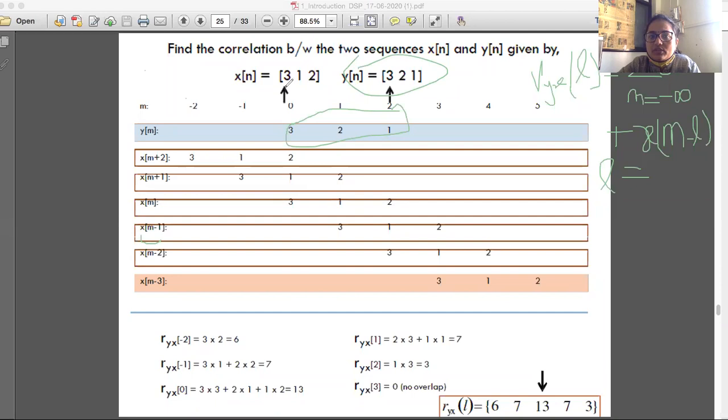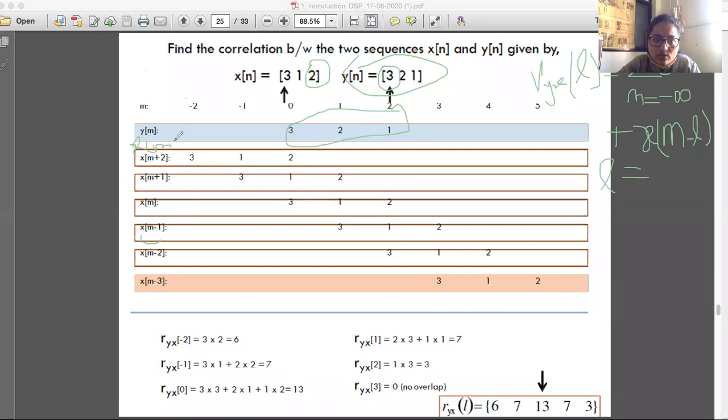For shifting this second sequence, how many points am I supposed to shift? That is, this 2 should be shifted up to the last point of this y of n, or the first point of this y of n. I'm going to represent the x of m sequence also.